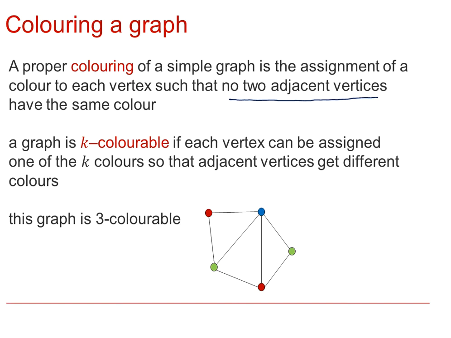This graph is 3-colourable. Let's see if we can reduce it to being 2-colourable. Well, if we start here and say, alright, that's going to be red, and then the adjacent vertices are blue, then that one's okay with blue. So let's also make that one blue, in which case this one would be alright as red.